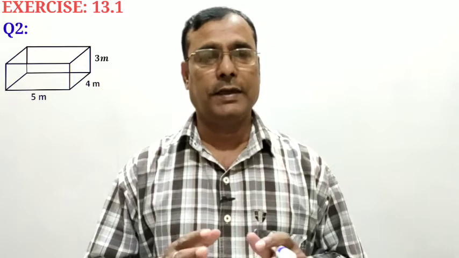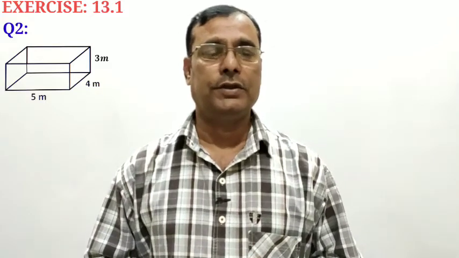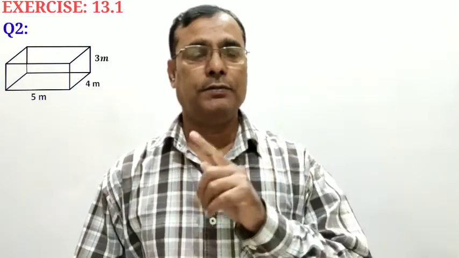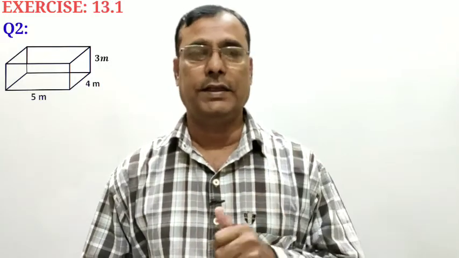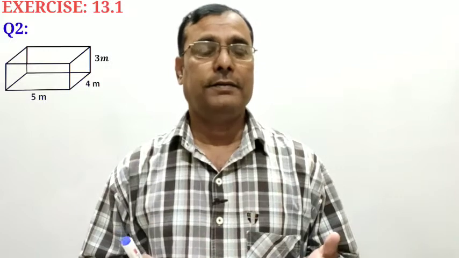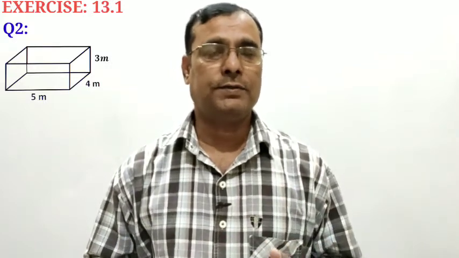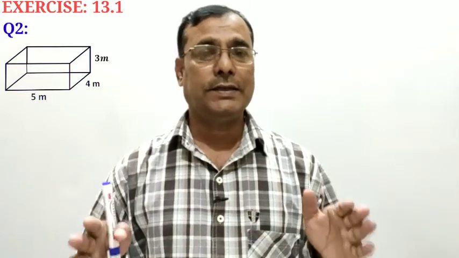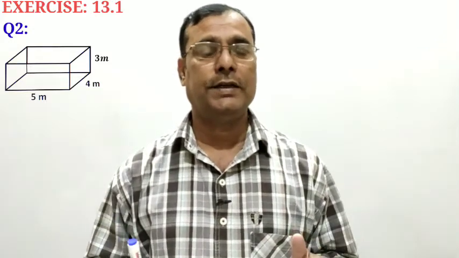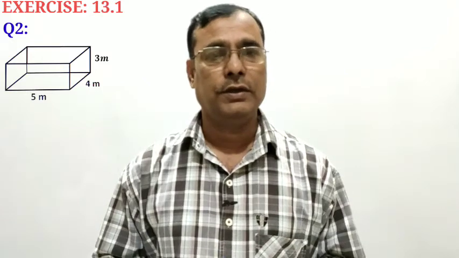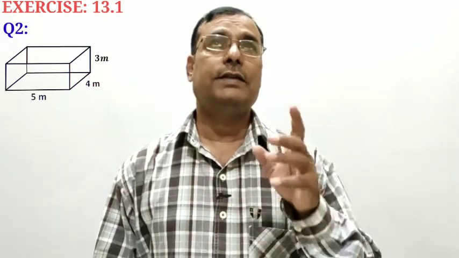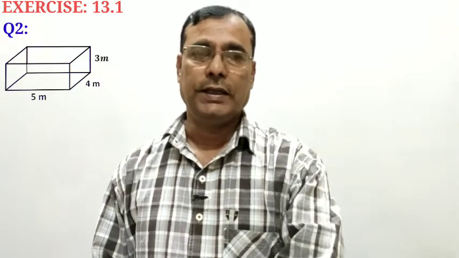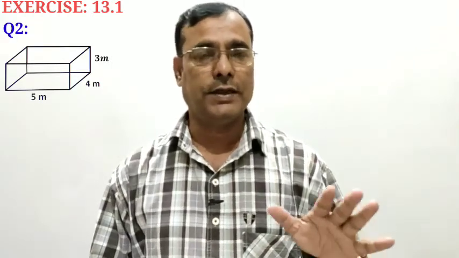So first we'll find out area of 4 walls, I mean surface areas of 4 walls and ceiling together. Area that has to be whitewashed, first we have to calculate. So area of 4 walls means lateral surface area of a cuboid formula we are again going to use in this question, and surface area of the ceiling will be equal to area of the floor, and that room is rectangular.